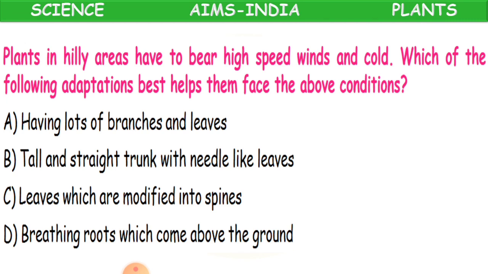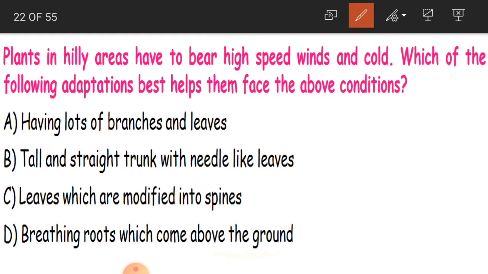Plants in hilly areas have to bear high speed winds and cold, because hilly areas receive much cold and winds. Which of the following adaptations best helps them face the above conditions?